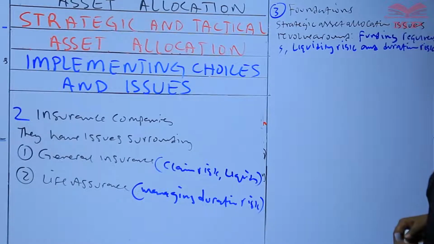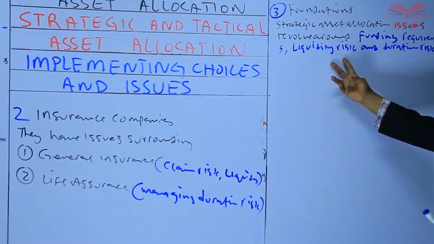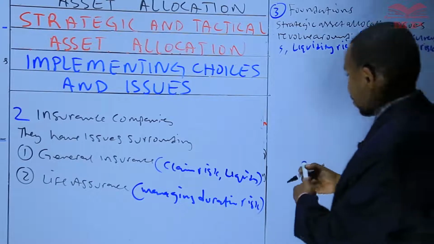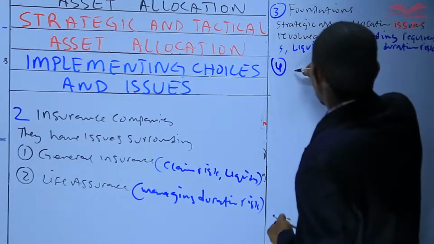As for endowments, endowments also have funding requirements as well as liquidity risk, but maybe not duration risk thereon. So number 4, endowments.